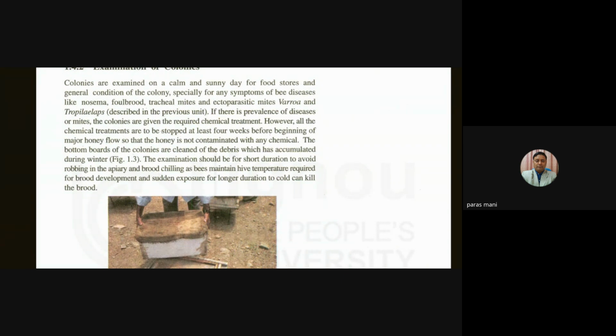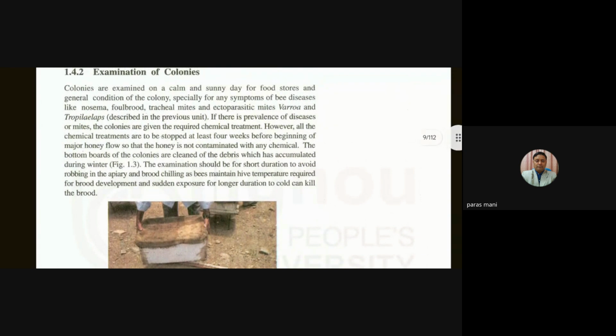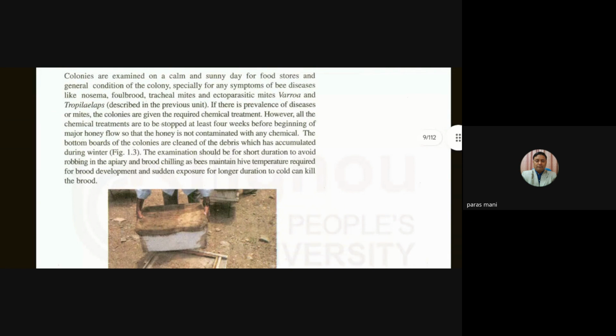Otherwise, these diseases will spread more and affect the bees more in this spring season and in the honey flow season, where the activity of the bees will be more. The bottom board of the colonies are cleaned of the debris which accumulated during the winter.